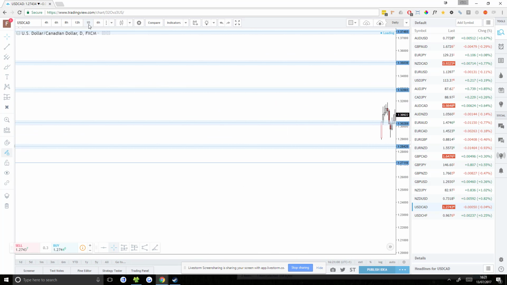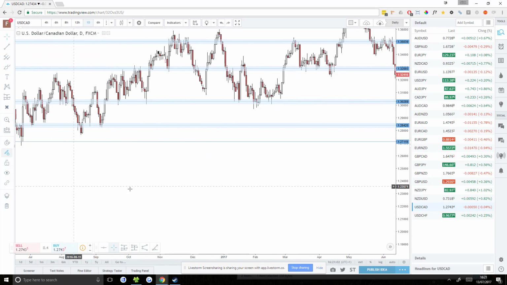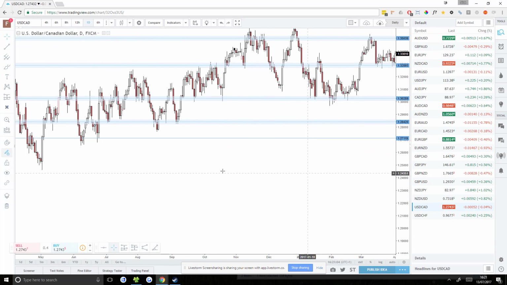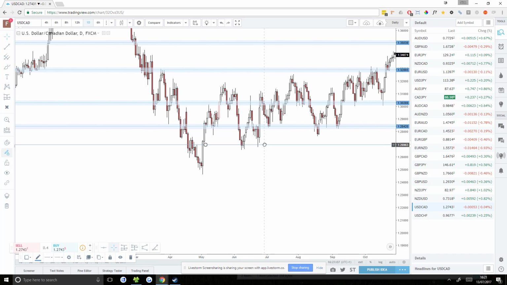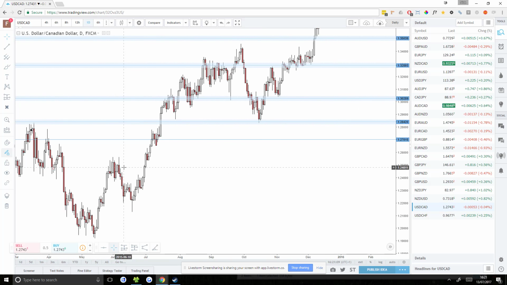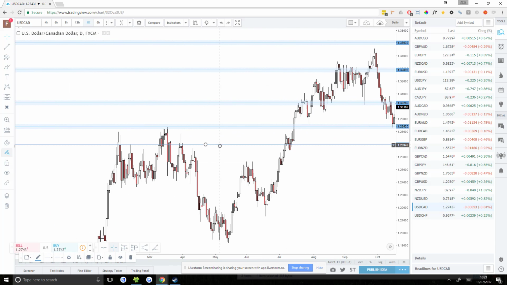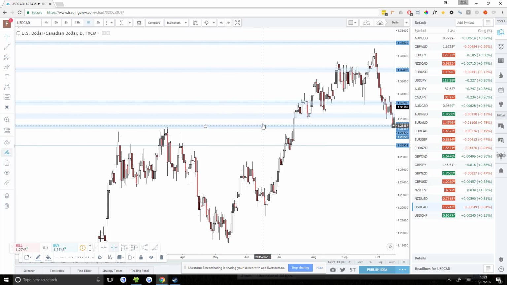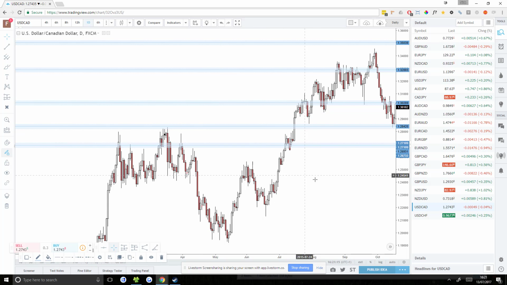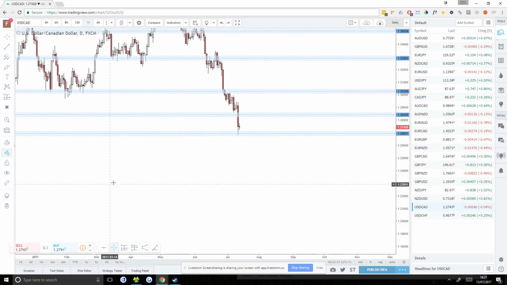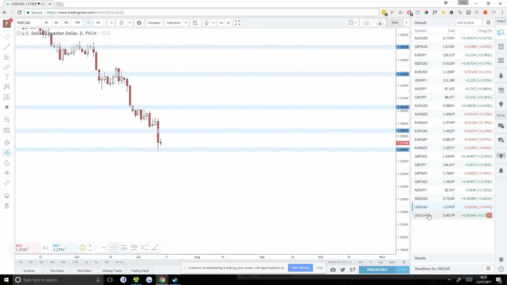Oh, I'm on the 8-hour chart. My mistake. Alright, this looks a little better. This line makes sense now. This area even. Cool. So we have an area down there, but that doesn't give us any trades.